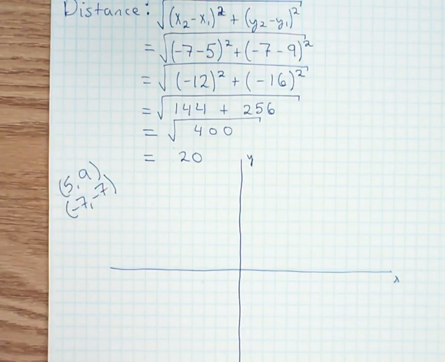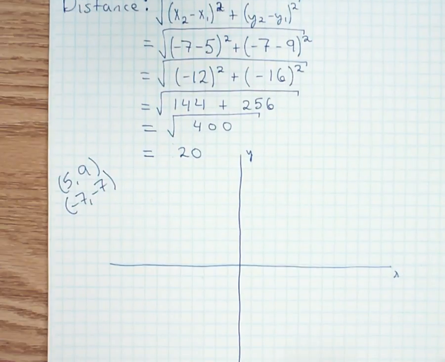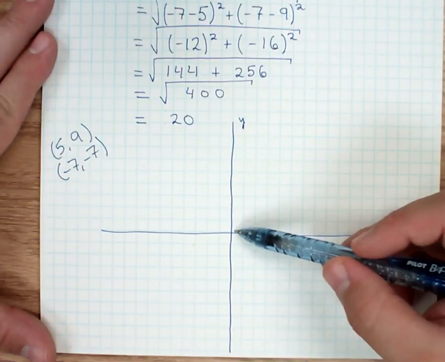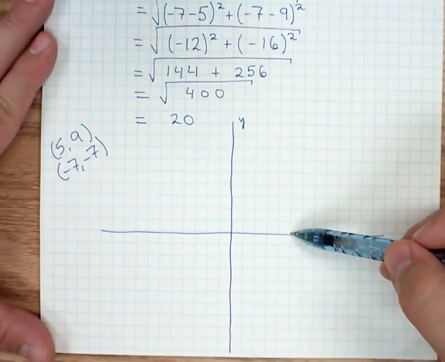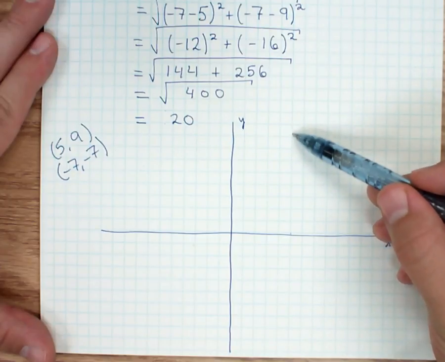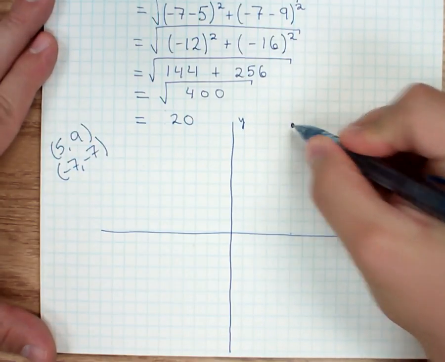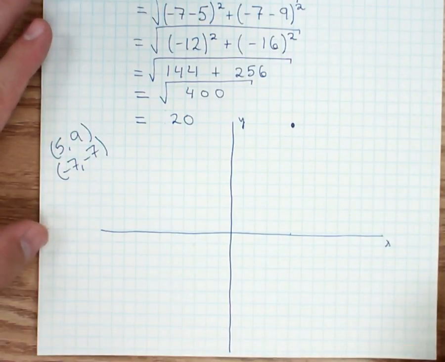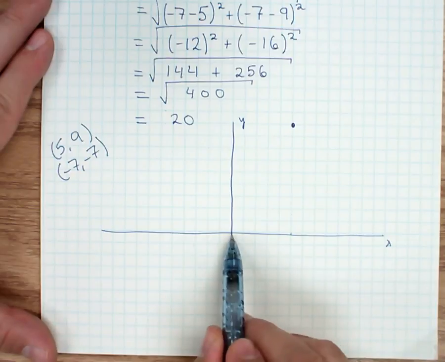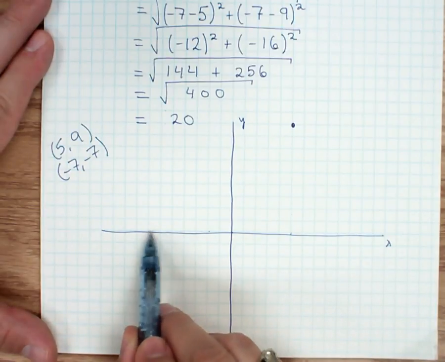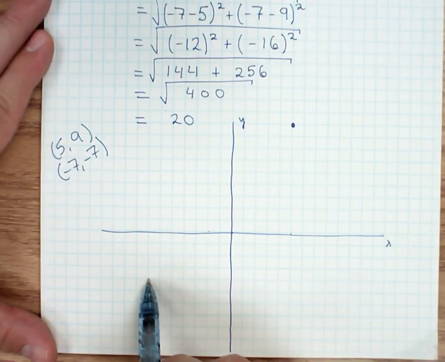And here's where, obviously, I don't have graph paper for you, so you can just watch. So you have to go over 5 and up 9, so 2, 4, 6, 8, 9. I think I counted that right. Okay. And then we have negative 7, negative 7. So I go to the left 7, and down 7.